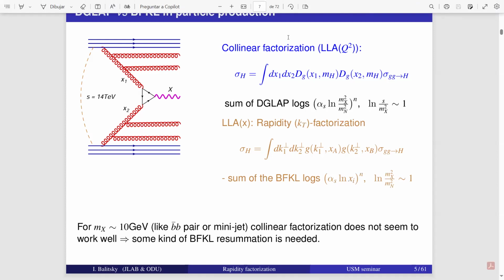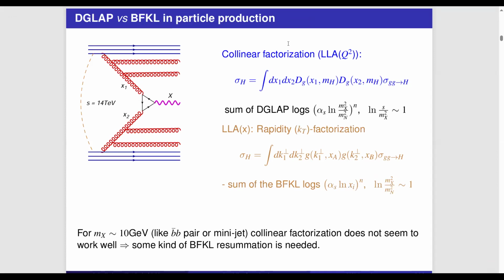If you consider, however, the emission of a bunch of particles or mini jets with mass of order 10 GeV, then this is more relevant than collinear. And from experiment, we know that collinear factorization doesn't seem to work well, for example, for BB production. So some kind of small-x resummation is needed.